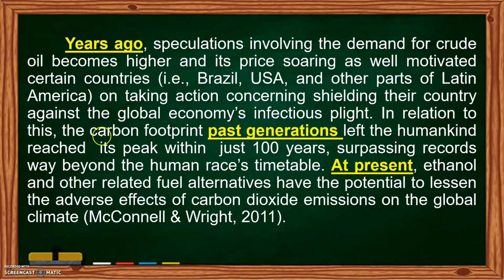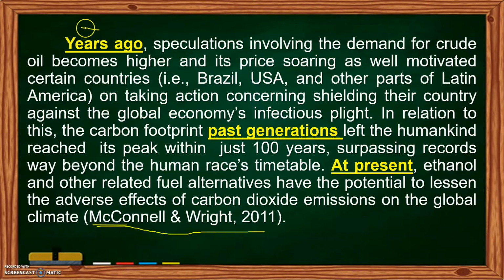In relation to this, the carbon footprint past generations left the humankind reach its peak within just 100 years, surpassing records way beyond the human race timetable. At present, ethanol and other related fuel alternatives have the potential to lessen the adverse effects of carbon dioxide emissions on the global climate. Coming from McPernell and Wright 2011.